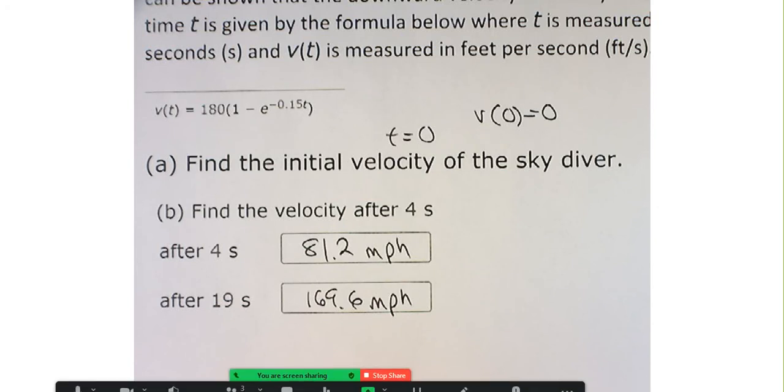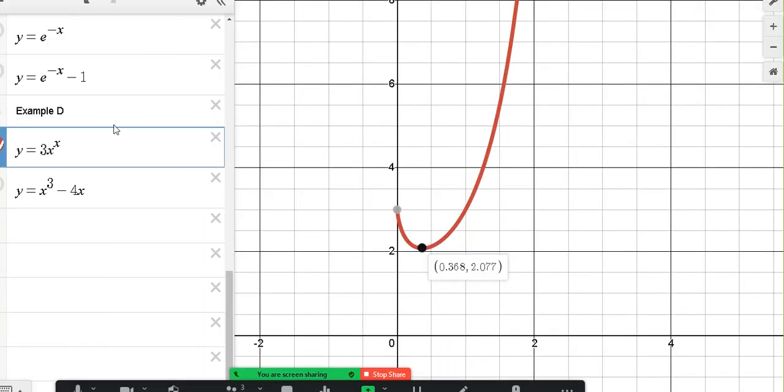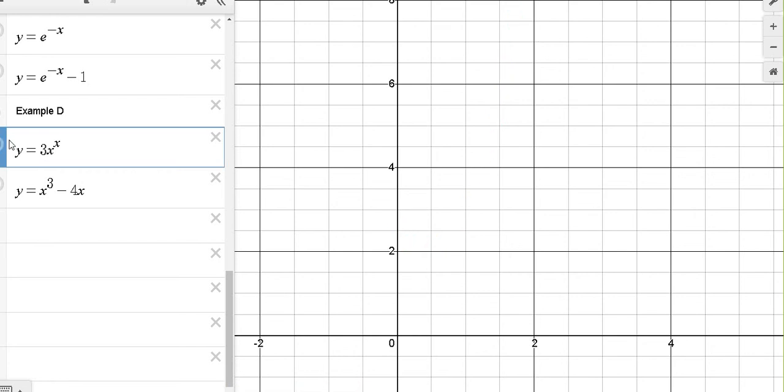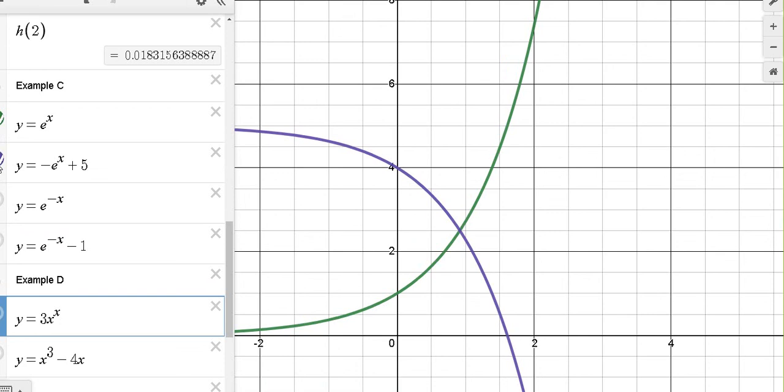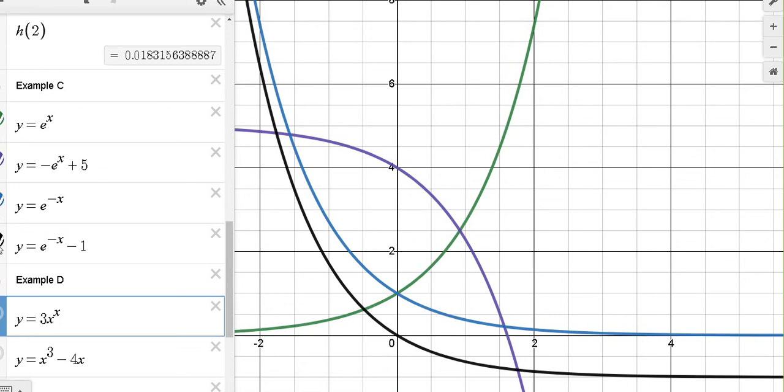Somehow I feel like I should be doing more graphs. Are you comfortable with the graphs? Yeah. e to the x, negative x, negative e to the x plus 5, all these things, the shifting around. I do hope that you understand the basic shapes of these graphs and how they get shifted around.